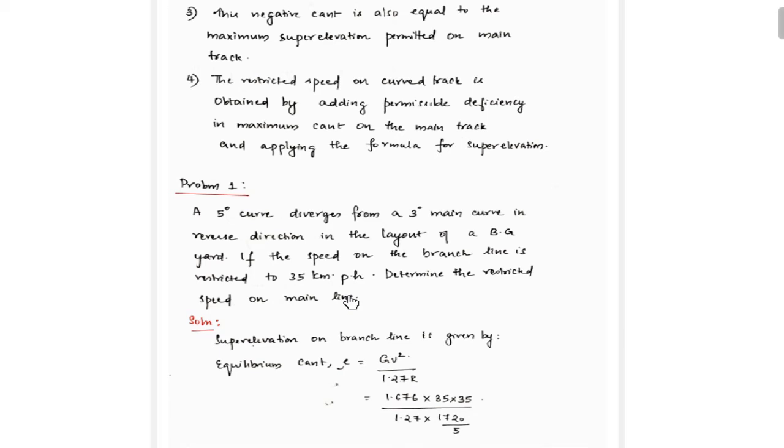A 5-degree curve diverges from a 3-degree main curve, means the degree of curve for the main curve is 3 degree and the degree of curve for the branch track is 5 degree. It is also given the layout is a broad gauge yard and the speed restricted on the branch line is 35 kilometers. Clear?